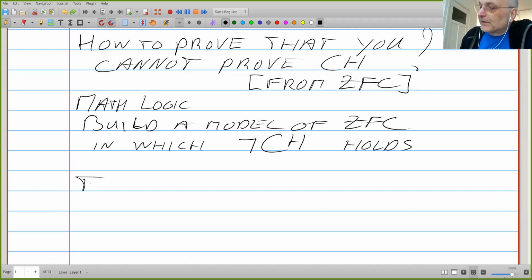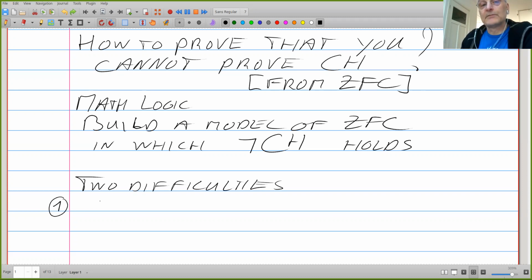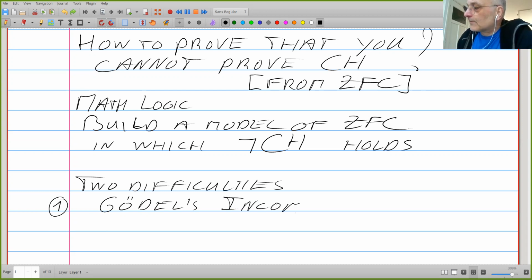Two difficulties here. The first difficulty is Gödel's incompleteness theorem. Well, the second, but let's say both together, because the first is used in the proof of the second.